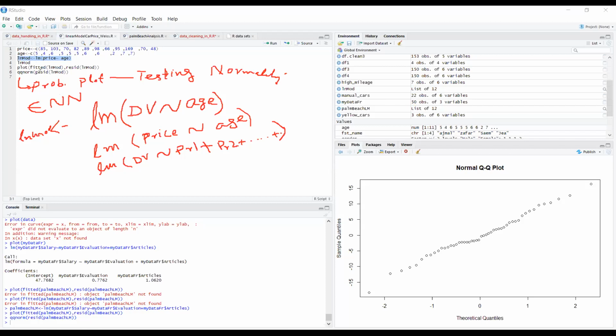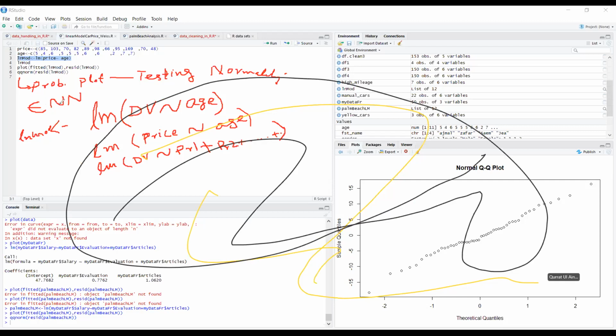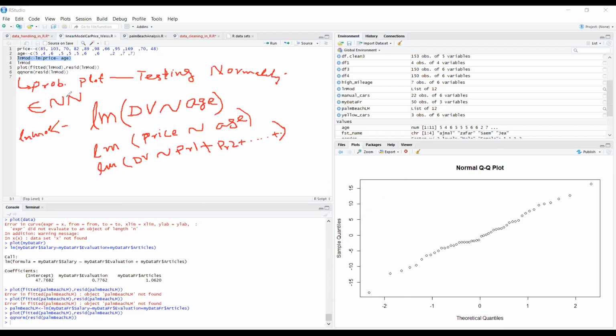If this graph is linear in nature, we can say that yes, the errors are normally distributed. If this probability plot is not linear, it is an indication of violation of normality. So your data should be normally distributed. That is one of the important aspects of this model. Now I am going to run the model and show you the results.